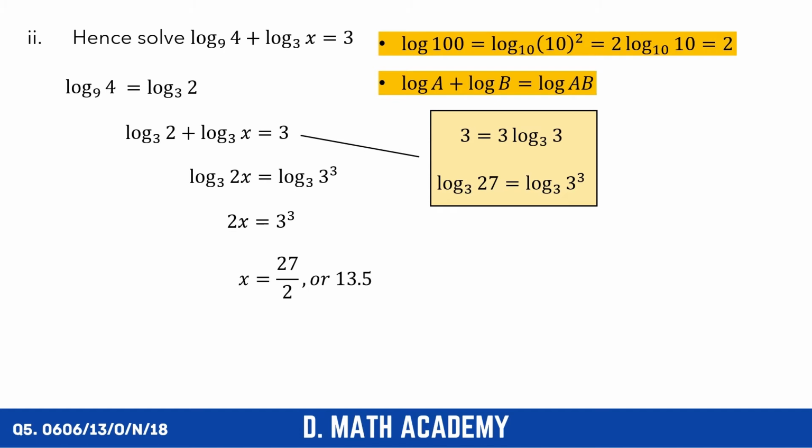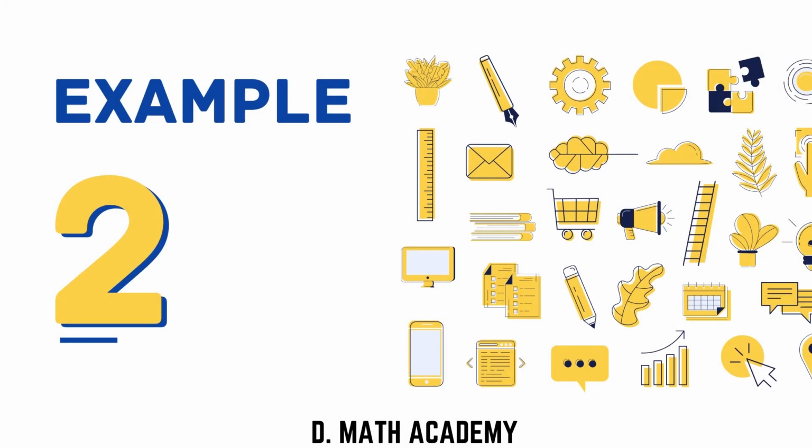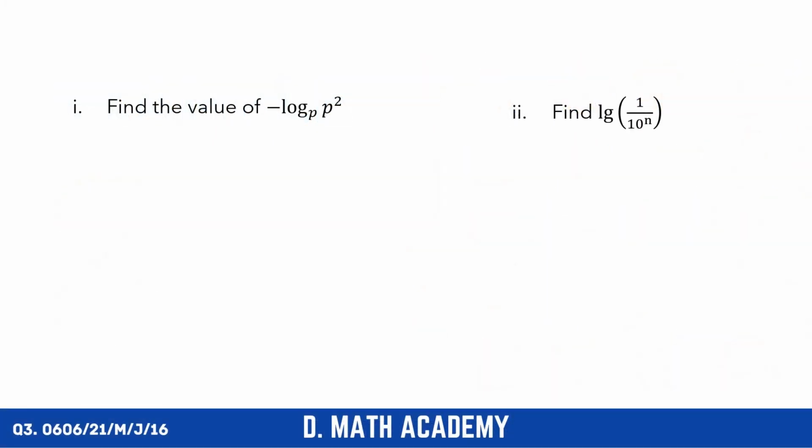After looking at this first example, I hope that you have the basic idea already. So now let's move on to example 2. What we have here is finding the value of negative log with a base of p and the results of p squared.